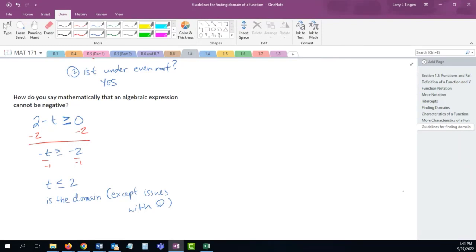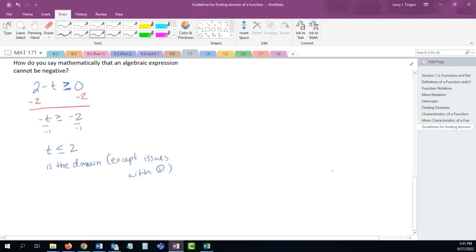Whenever I'm dealing with this, 2 minus t greater than or equal to 0, what I end up with is the domain minus any problems where I get division by 0. So what's my domain here? It's everything less than or equal to 2. That means start out at negative infinity, go all the way to 2, and include it. On a number line, here's 2, everything less than that, forever. 2 is included because it's fine if what's under the root is 0. It's just once it goes negative that we have a problem.